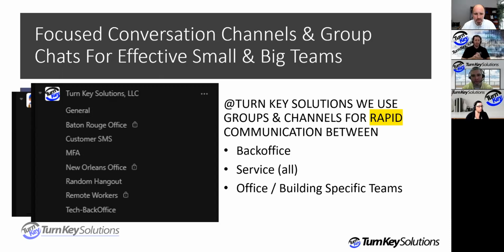Yeah. You could do the same thing with, say, our back office team. We have within our Baton Rouge office a separate team inside of that. You could add 3 or 4 people to that without blasting the entire office inside of that organization. Yeah. And so it could get as very specific as you want, or as broad as you want.